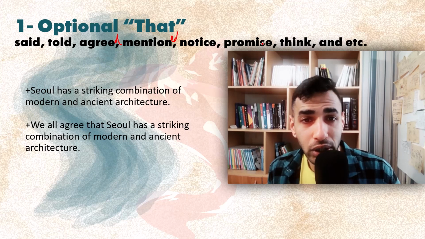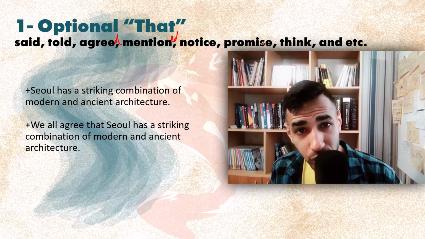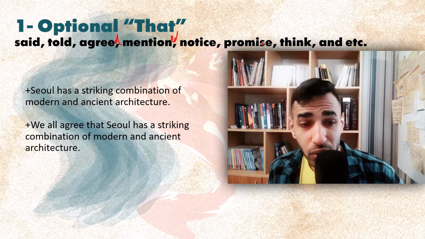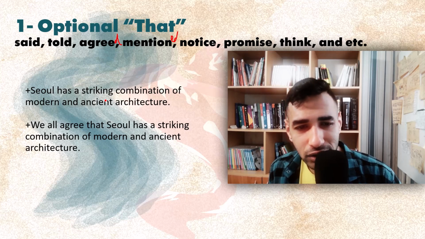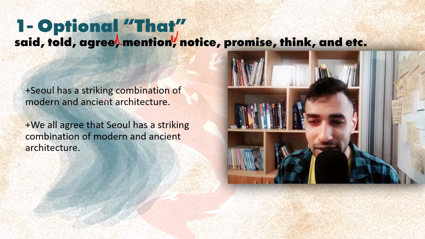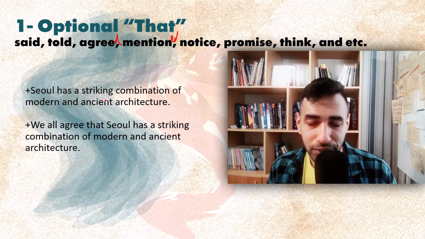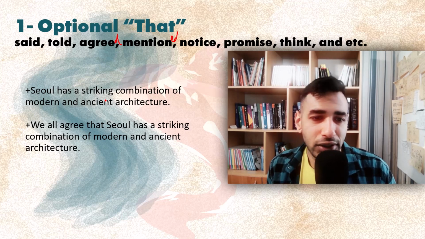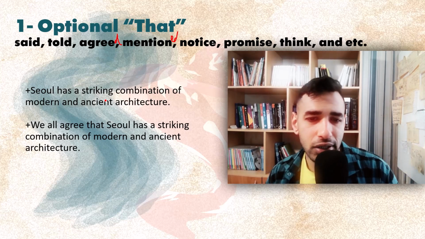So when we omit that, the audience realizes that we are using spoken English. Seoul has a striking combination of modern and ancient architecture. Striking means noticeable, attracting attention not by beauty but by some other reason.